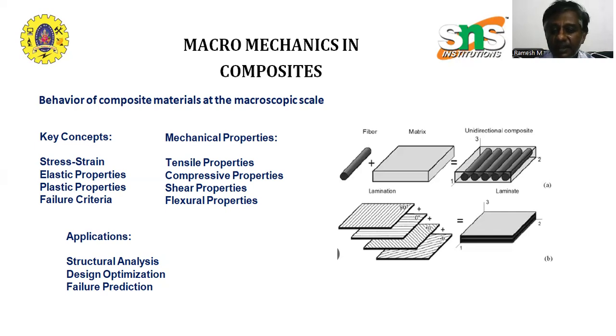And what are the mechanical properties? That is macromechanical properties. One is tensile properties, compressive properties, then shear properties, flexural properties. Tensile properties measure the response of the composites to tensile loading. Tensile load means the elongation will be there.